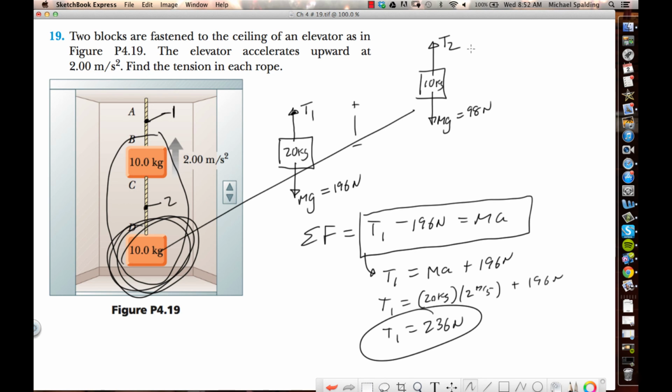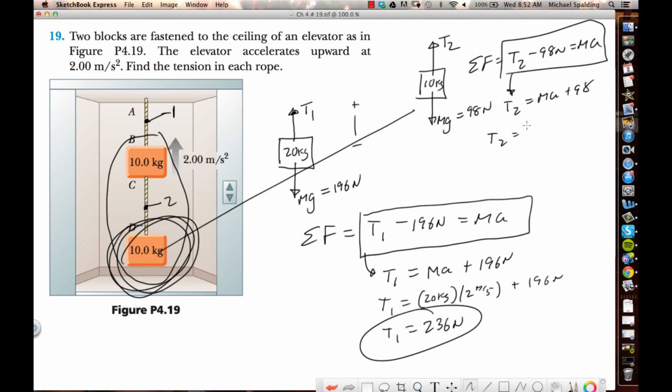T2. Right? So then sum the forces. T2 minus 98 equals MA. Solve that for T2. So T2 is going to be MA plus 98. M is 10, A is 2, plus 98. So T2 comes out as 118.